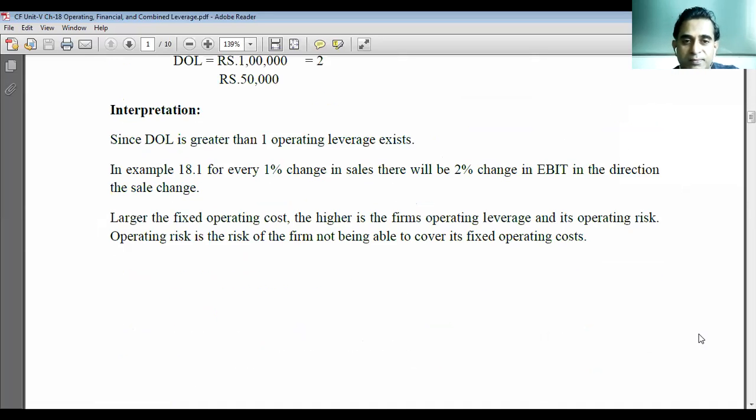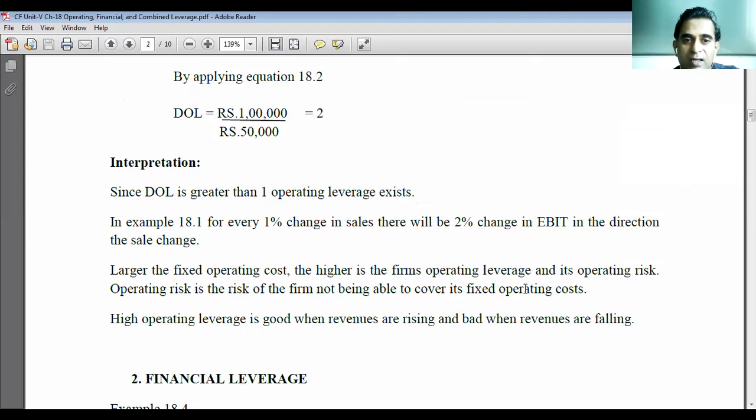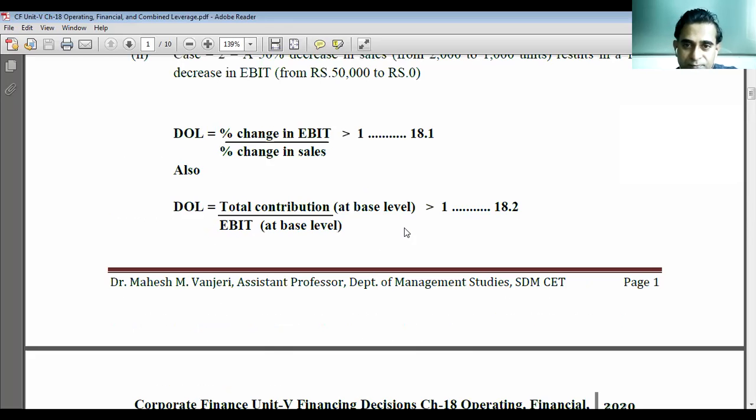Then, for a 1% change in sales, there will be a 2% change in EBIT, in the direction the sales change. What we considered now in case 1 is an increase in sales. Is it also true when sales decrease, that a 1% decrease in sales will lead to a 2% decrease in EBIT? Let's check it out.